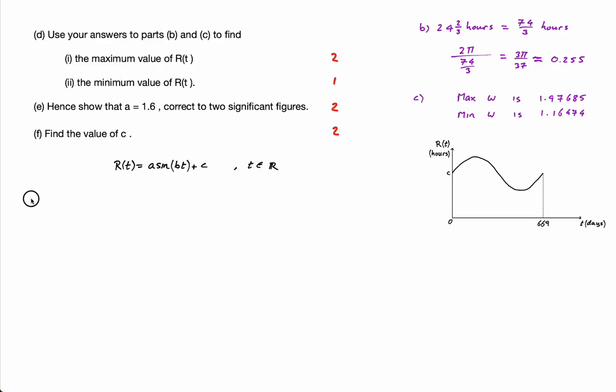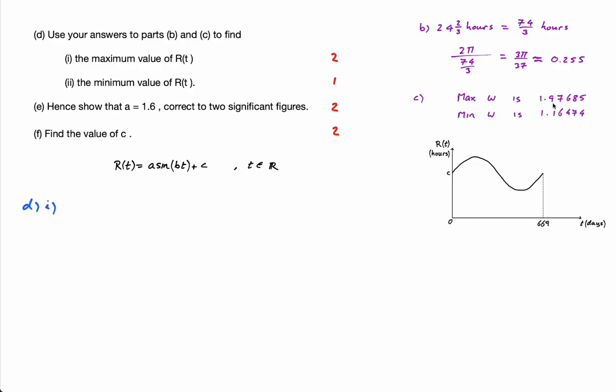So the maximum value of R of t is going to be in hours, and we've got our maximum value of omega. Omega is the max angle that it can spin, depending on the tilt of the axis.